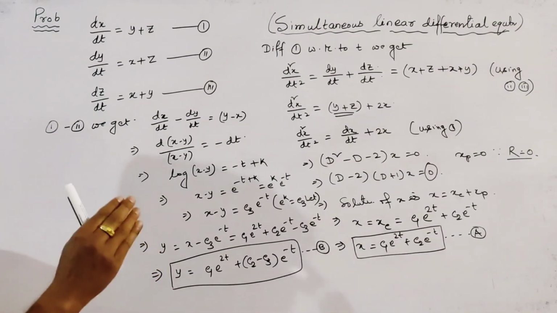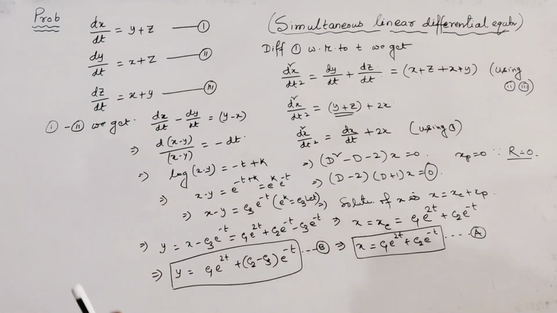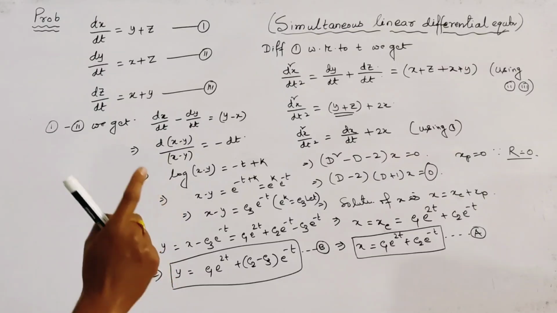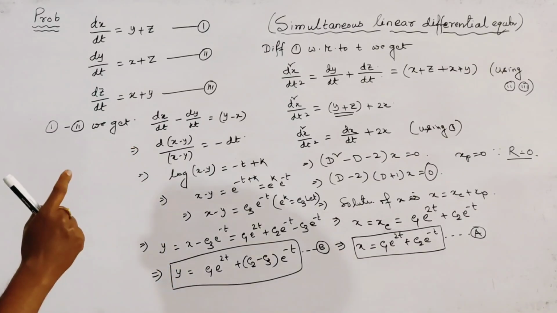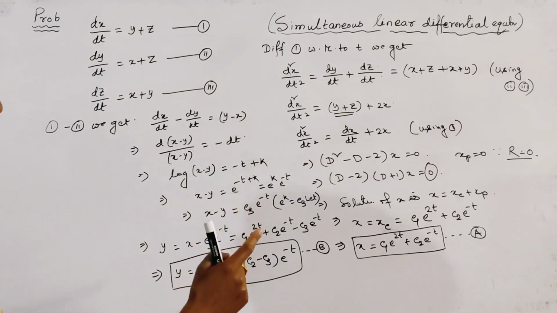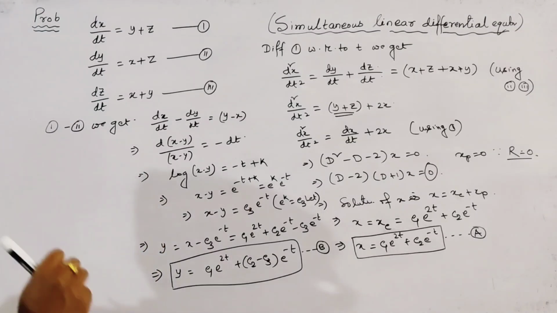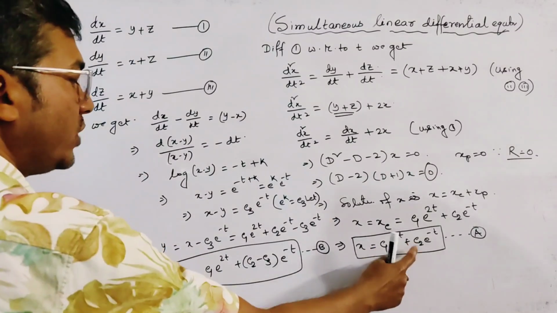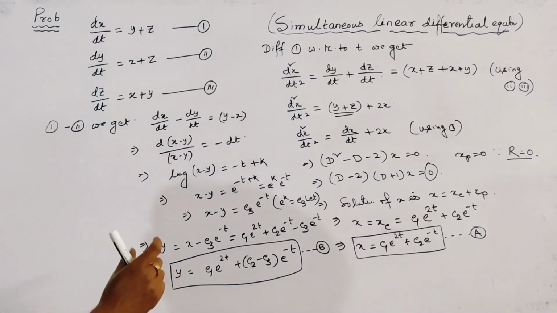Now we have to find another dependent variable, z. But it is clear that we have already taken three integrating constants: c1, c2 and c3.